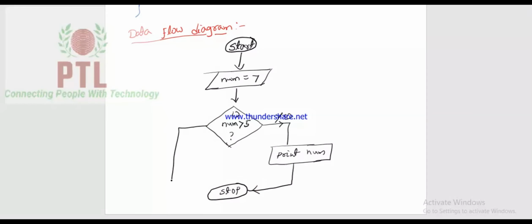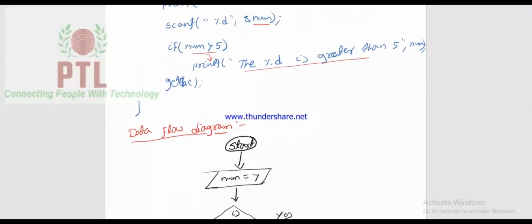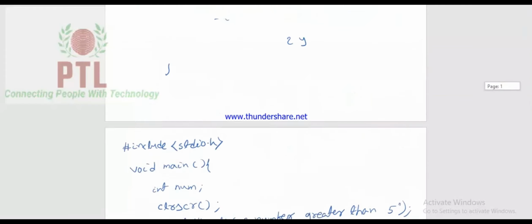If it is false, I'm not doing anything and directly come to the no section and stop. So this is my flow diagram for my normal if statement, the first if statement.